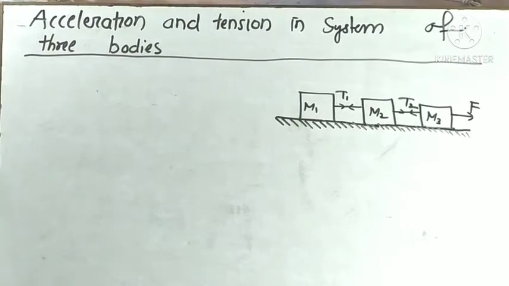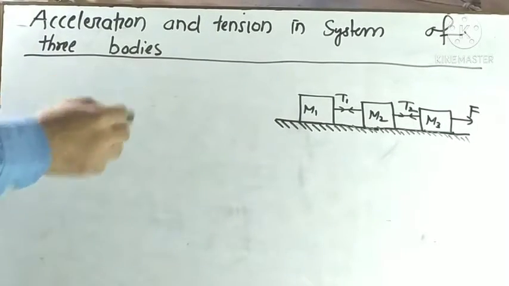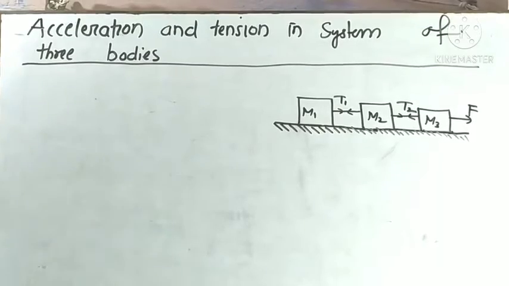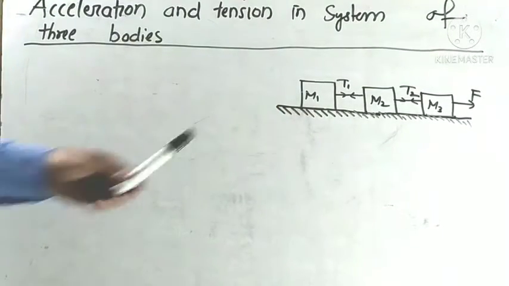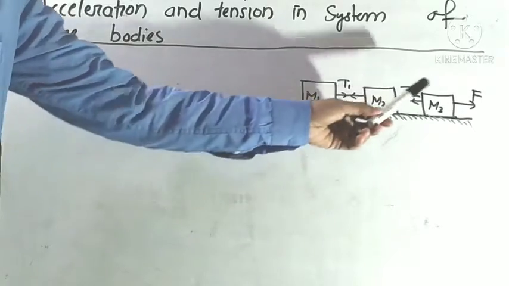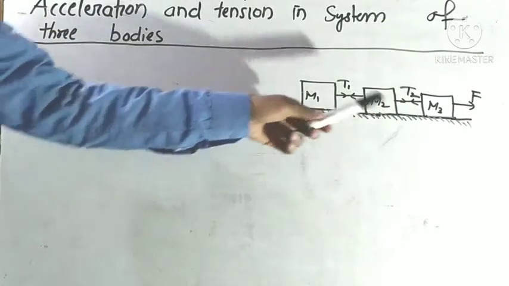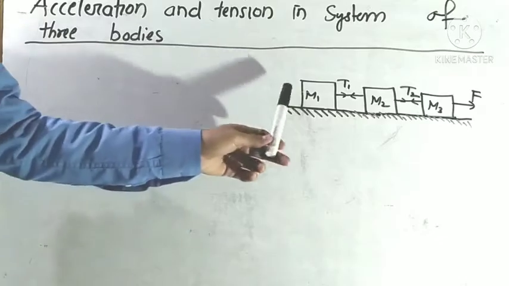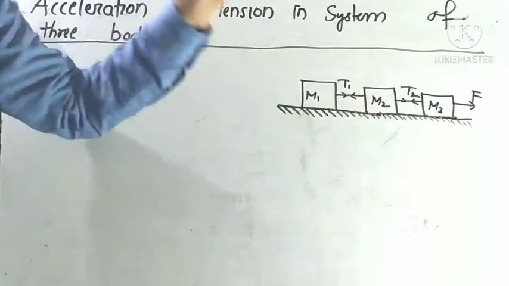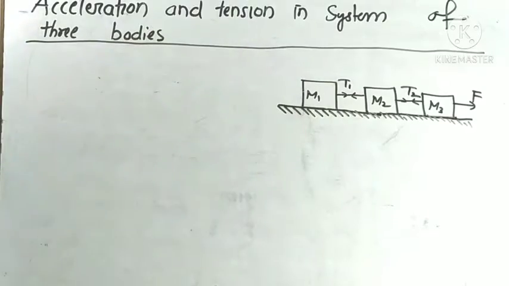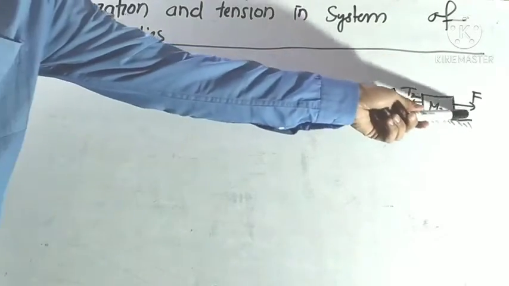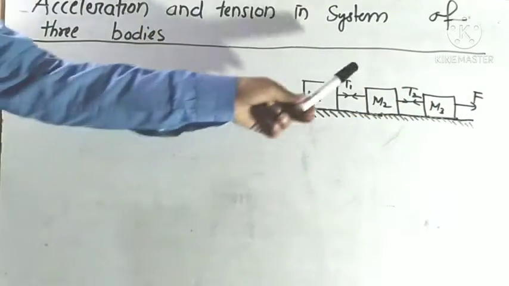Now, acceleration and tension in a system of three bodies. Here there are three bodies having masses m1, m2 and m3, connected by two strings having tension T1 and T2. These three bodies are placed on a frictionless table, and a force is applied on mass m3 to produce acceleration.